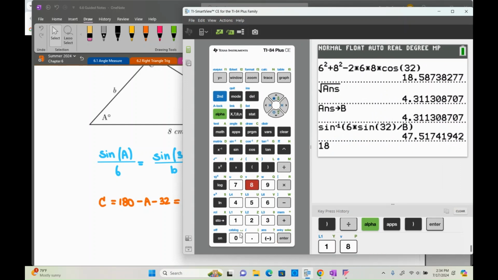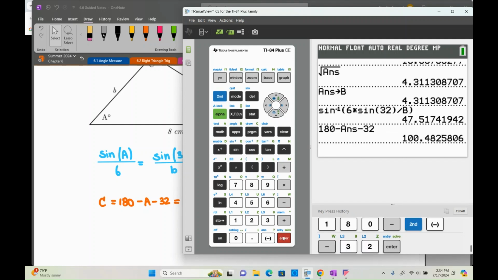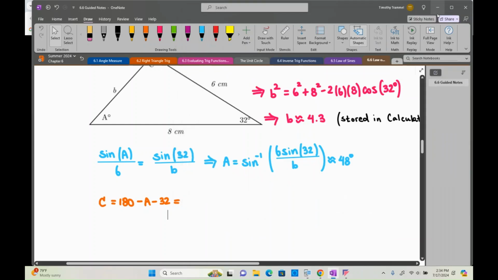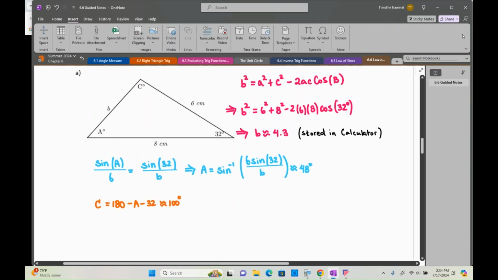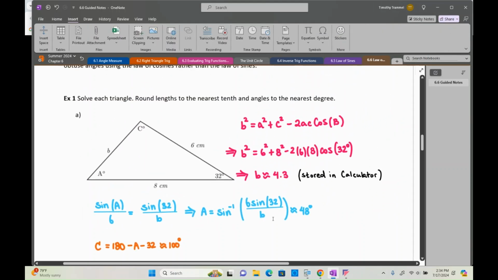So I'll just do 180 minus my previous answer minus 32. And if I round that to the nearest degree, that's going to be about 100 degrees. It just barely rounds down to 100 there. All right, and so we have actually finished solving this triangle.